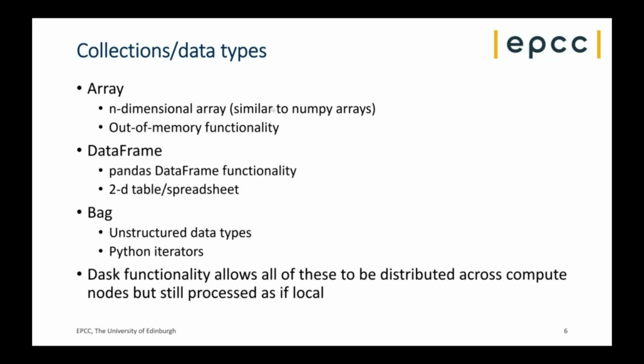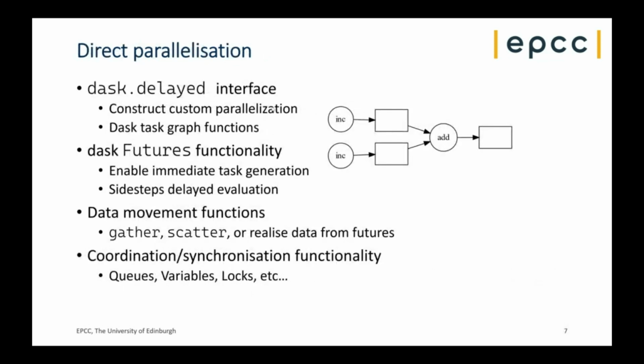Dask gives you these data types, which lets you process these as if they were local data sets running in a single Python process, but will use multiple compute resources to do that. You can also program Dask more directly, and there are two ways to do that. Effectively, they're ways to build your own task graphs.